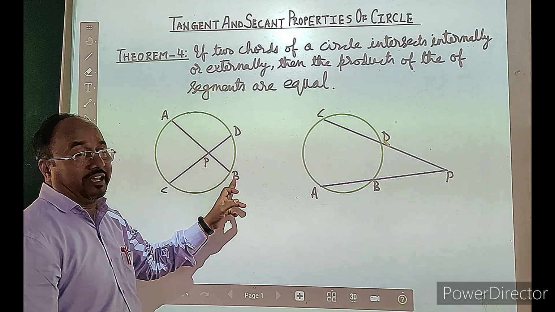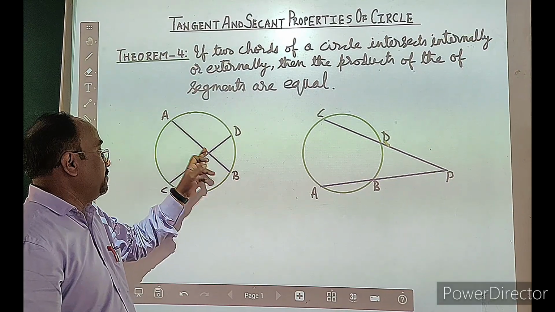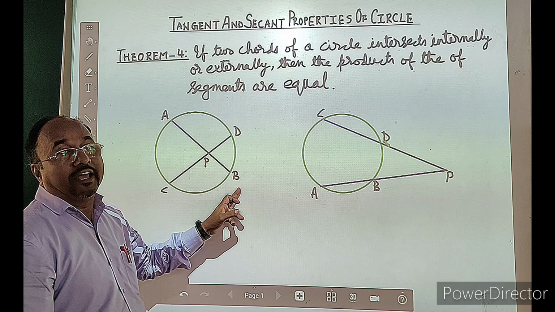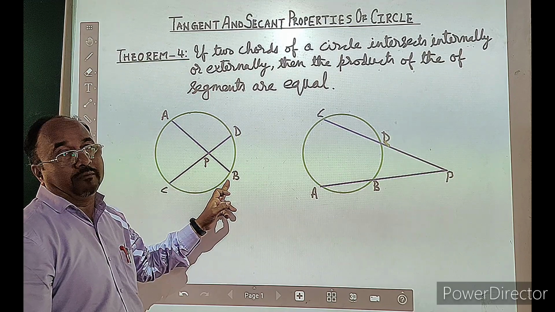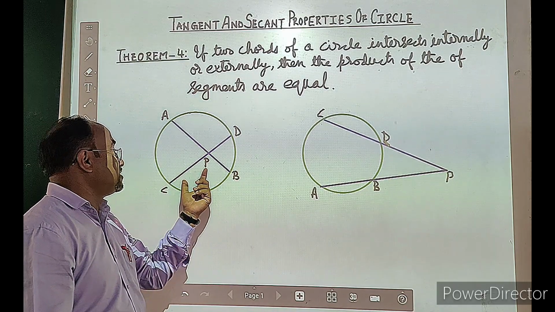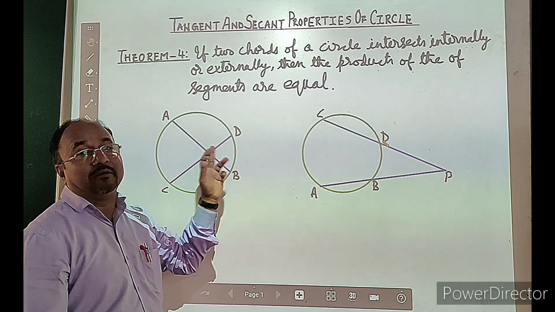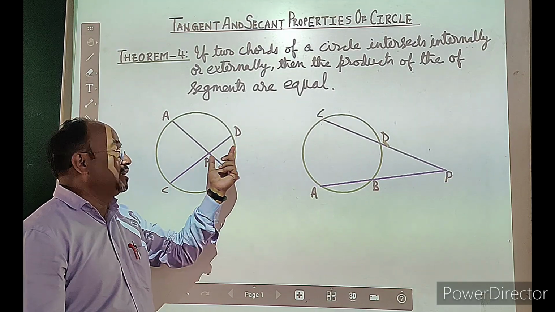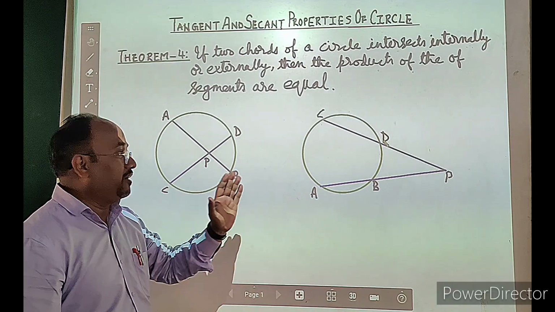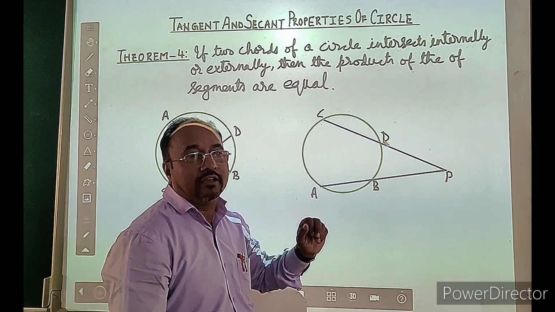So from one chord AB we have two line segments AP and PB, so their product will be AP into PB. And same way, from CD you have two of them, CP and PD, and their product will be CP into PD.